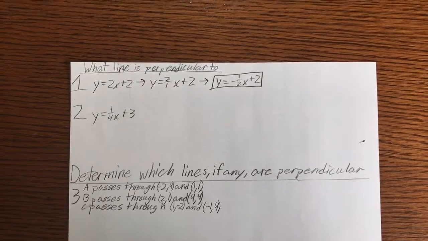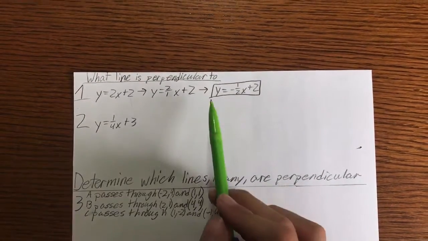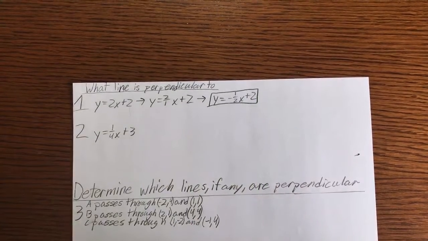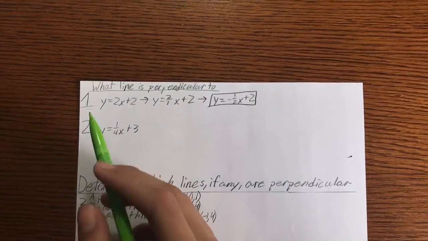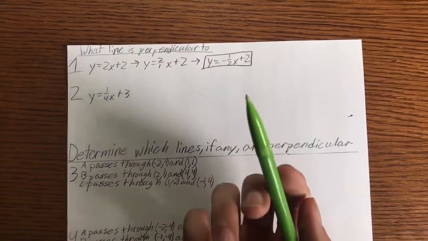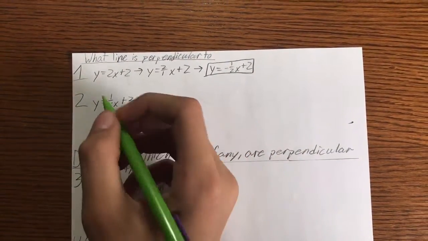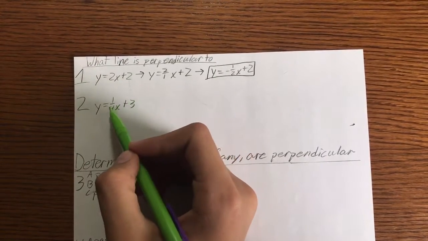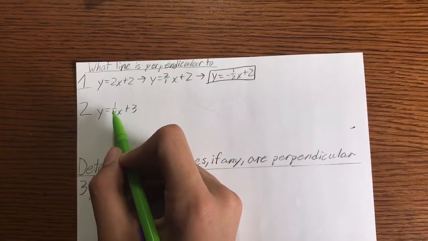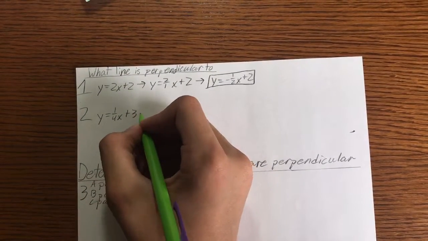Okay, let's see how you did. You should have gotten y is equal to negative 1/2 x plus 2. Now I will go over number 2 with you. First you should make the number into a fraction, but because it's already a fraction, we don't need to do that.